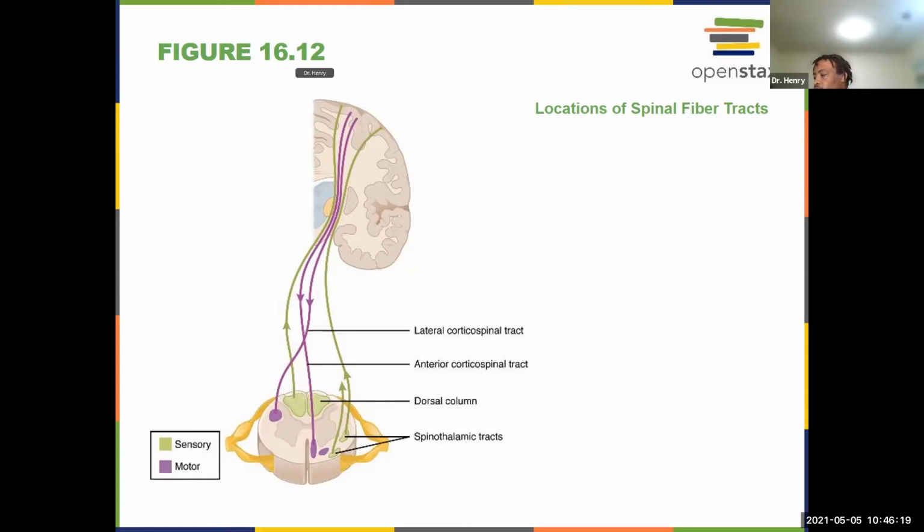Typically they'll take a cotton swab and brush you lightly in certain areas to see whether or not you have touch sensation.